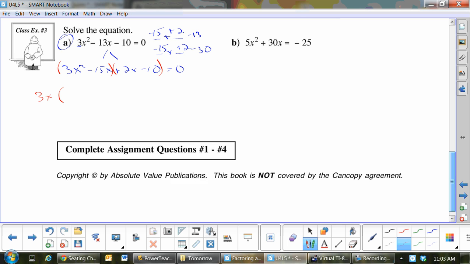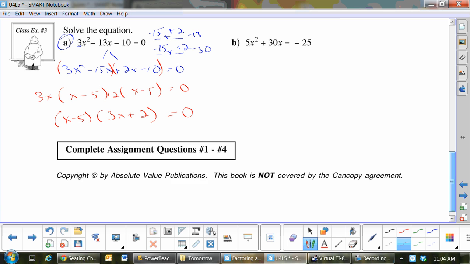Leaving me with x minus 5. Next set, leaving me with x minus 5. Okay, so my factors are x minus 5, sorry, and 3x plus 2.